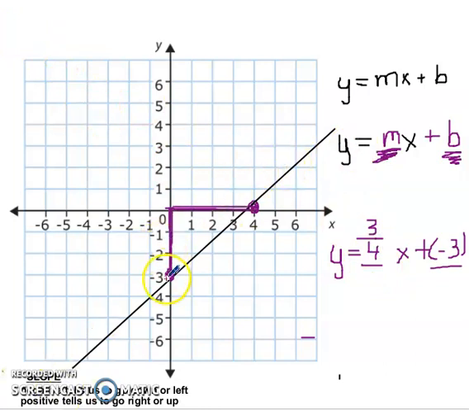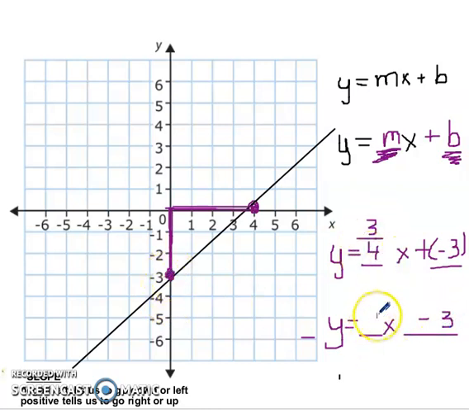So now you're going to go ahead and look at your line that you have. You're going to find two crosshair points, make a triangle. You're going to write y equals, leave a blank, put your x, and then leave a blank, and this is for your b. And then you're going to find out, okay, where does your line cross over the y-axis? This line crossed over at -3.